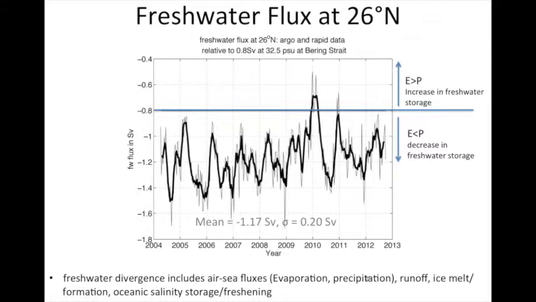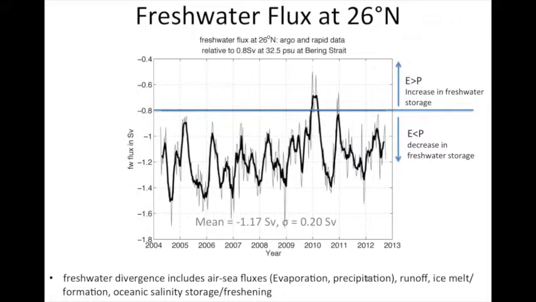The most meaningful part about this time series, as I explained at the beginning, is not necessarily the flux across the section, but the divergence of that flux between the 0.8 Sverdrups that go through Bering Strait and the flux that's going across 26 North.